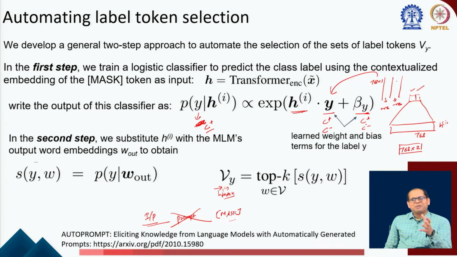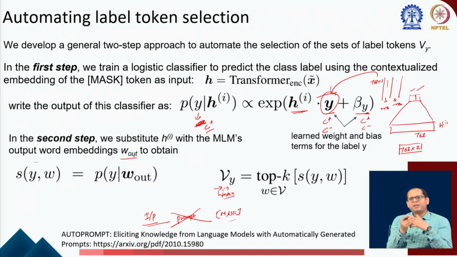Now you want your label tokens. The idea is that label tokens will be something very similar, in the embedding space, to this output vector. So what you do is replace h_i with w_out, the out embeddings. What are the out embeddings? The unembedding matrix.